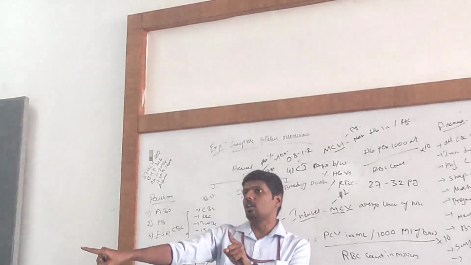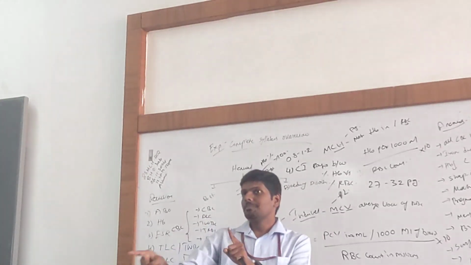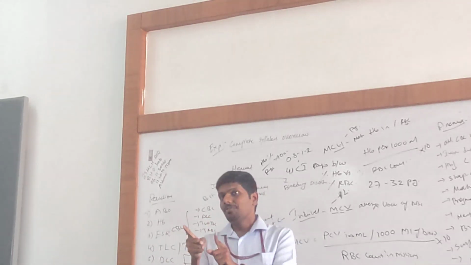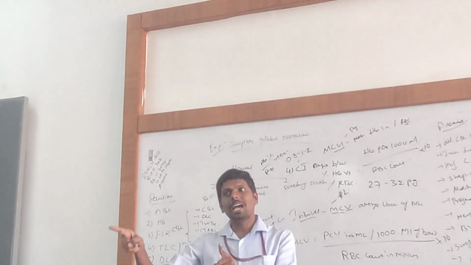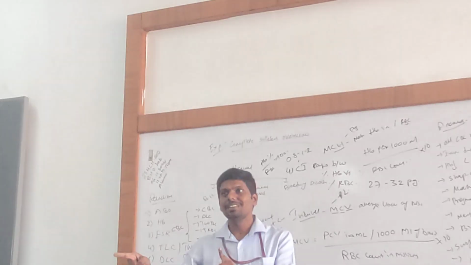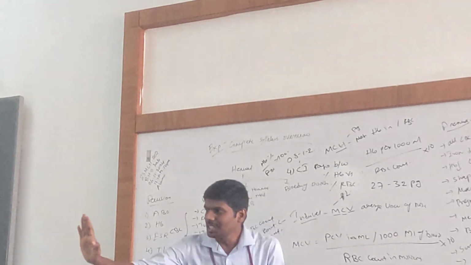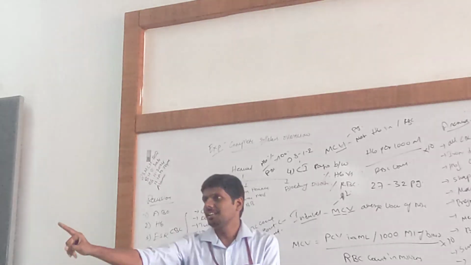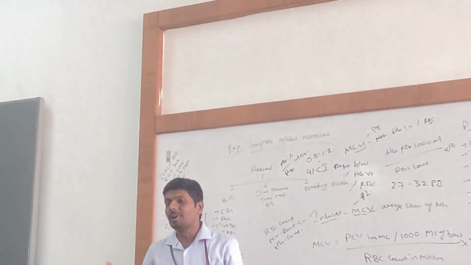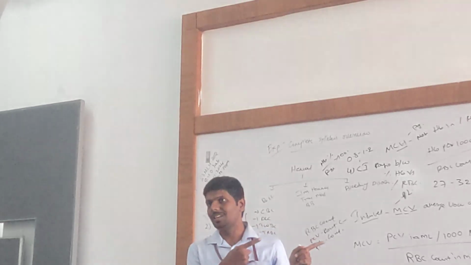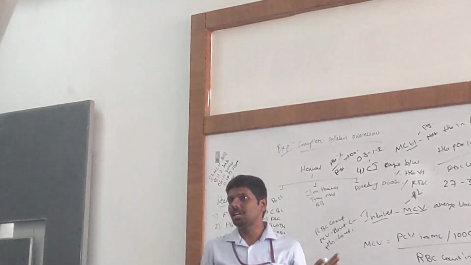But his red blood cell count decreased. But what is the purpose of red blood cells? To carry oxygen. Oxygen is carried by the HB. If you only see the RBC count, we will think that the patient is anemic. But see, the HB is normal. Maybe the patient was not anemic.